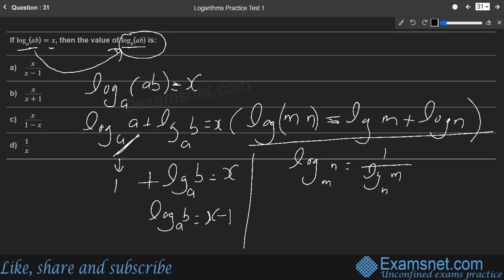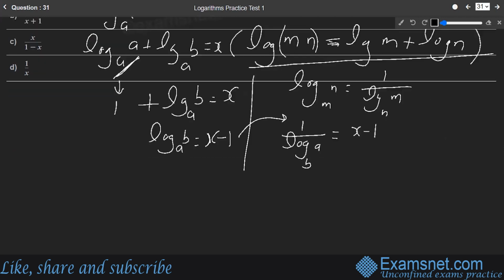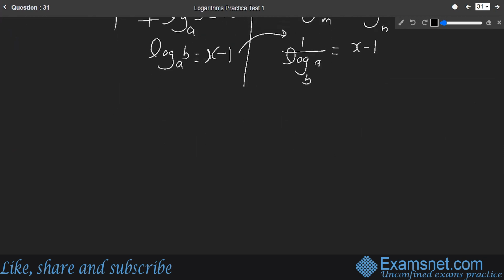Applying this, it becomes 1 over log base B A is equal to x minus 1, which further gives log base B A is equal to 1 over x minus 1.